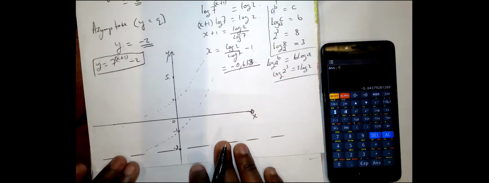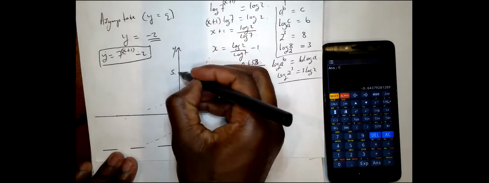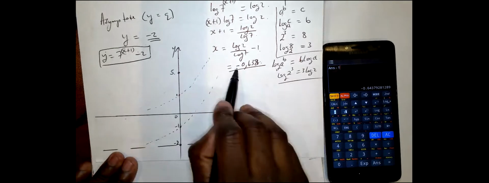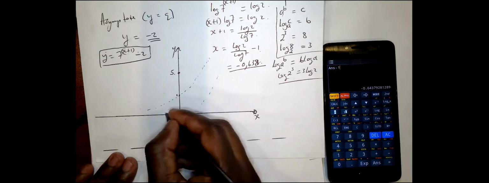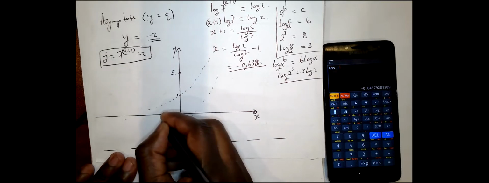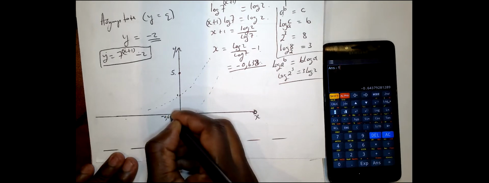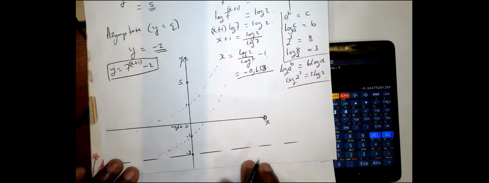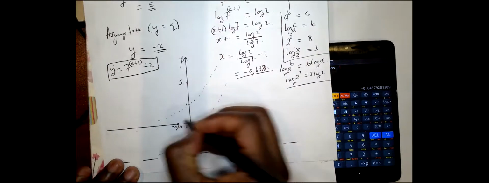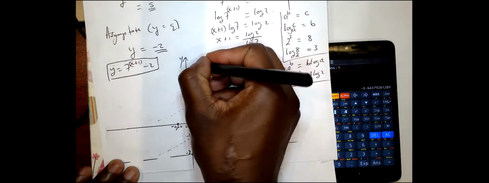So what we have now is that when y is equal to 5, x is equal to -0.5. Somewhere here, you can just put -0.64 like that. Our graph now has to pass through the x-intercepts.